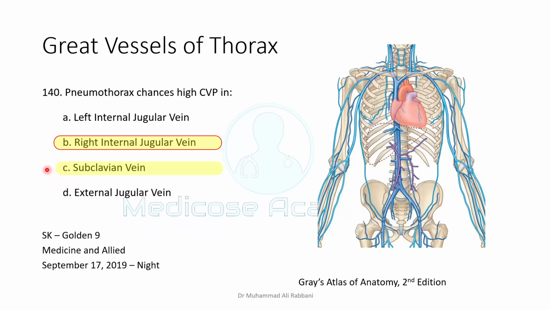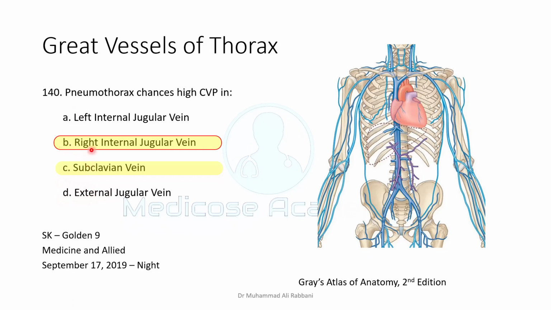But I would like to suggest right internal jugular vein, because central venous pressure does rise in all of them. It is raised in the left internal jugular, the right internal jugular, and the subclavian vein. You can exclude the external jugular vein because it has multiple valves.